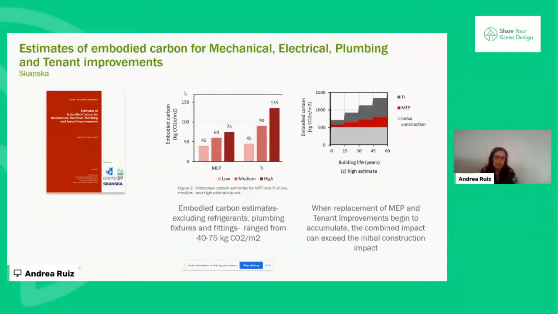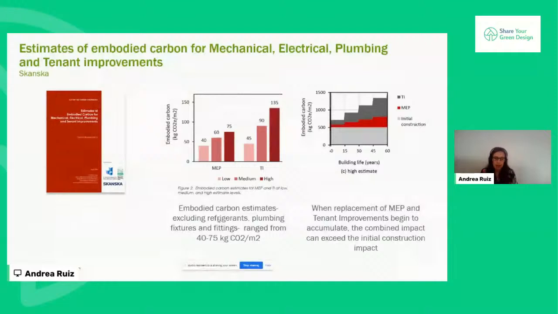So if we see figure 2 that they present in this report, it shows three different scenarios: low, medium, high, let's say, intensity of the embodied carbon of that building, and it ranges between 40 and 75. That is in kilograms of CO2 equivalent per square meter. Now, it is pretty important to highlight that it doesn't include the refrigerants.